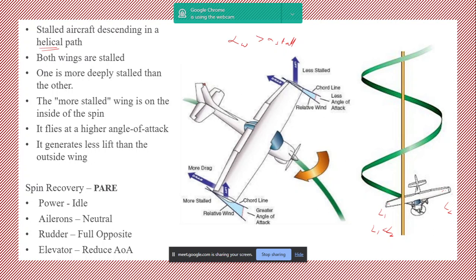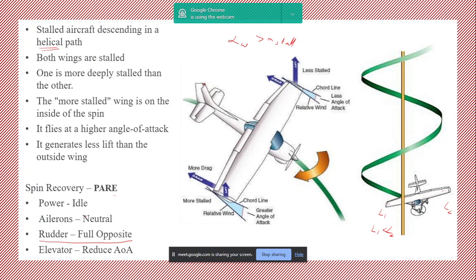Now, how do you recover from the spin? Yes, exactly. This is the most important step where the rudder is put in full deflection in the opposite direction to the spin. The sequence you're supposed to follow when the aircraft encounters spin is called PARE, where first you set your power to idle, take out all the power of the aircraft, then you put your ailerons to neutral.